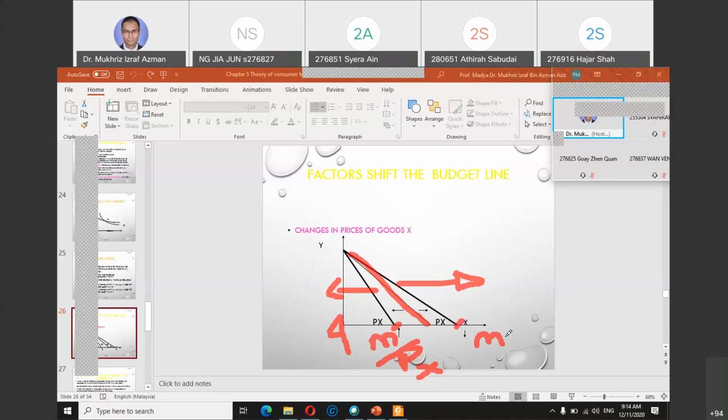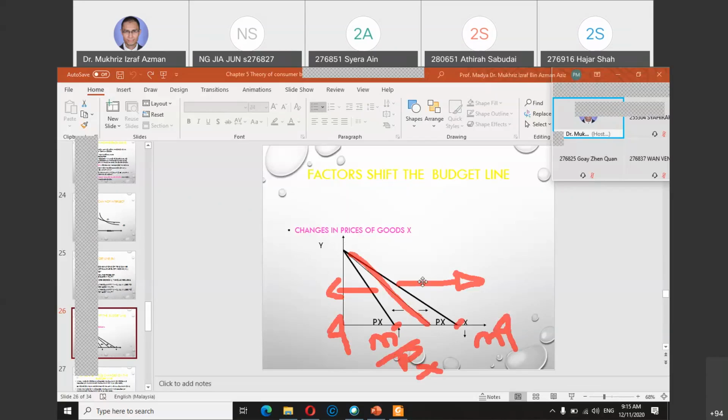So if your income increases, the budget line shifts to the right, or it can also change if the price of X drops. This is simple mathematics, because the formula is M over PX. So if M increases, PX remains the same, and assuming the price of Y remains the same.